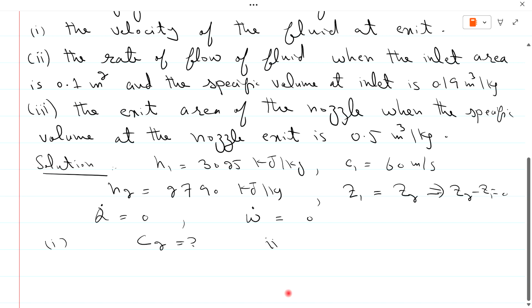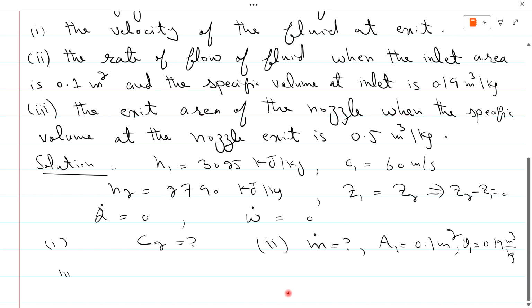In part number 2, the rate of flow of fluid, m dot, is required if the inlet area A1 is equal to 0.1 square meter and the initial specific volume V1 is equal to 0.19 meter cube per kg.